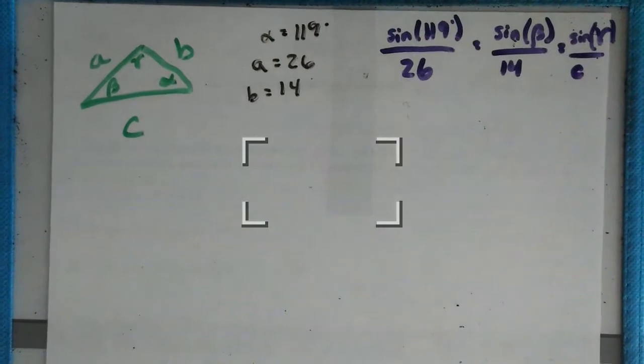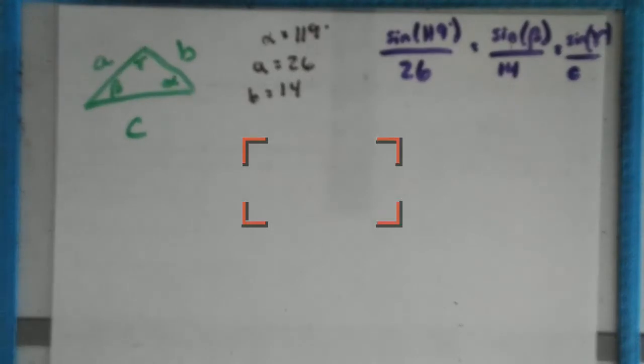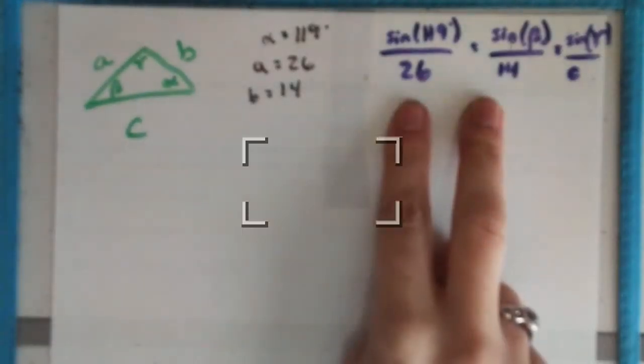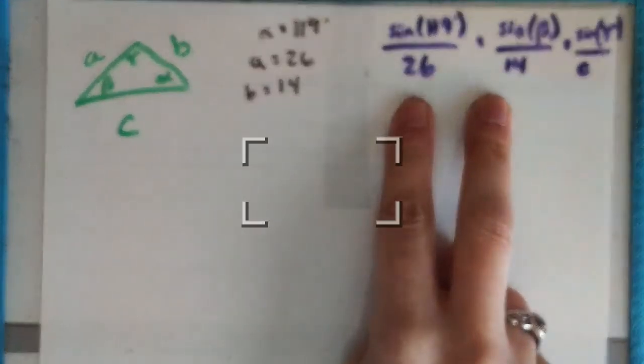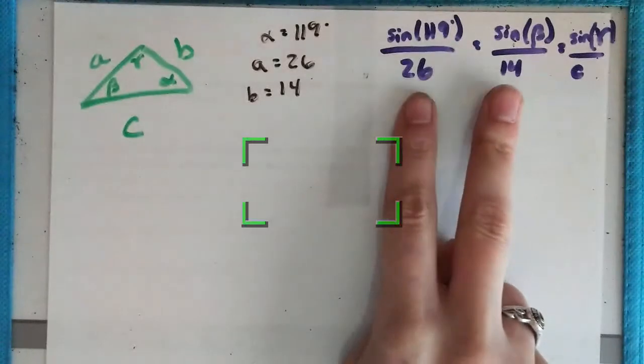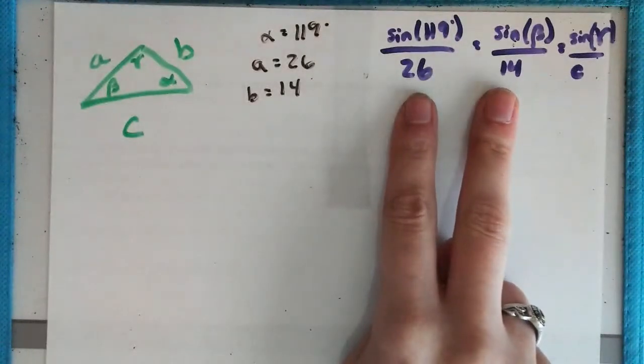What I can see with this is, if I look at the first two expressions, the sine of 119 over 26 and the sine of beta over 14, I can cross multiply those because the only unknown I have there is beta.